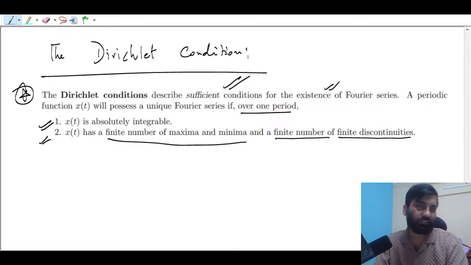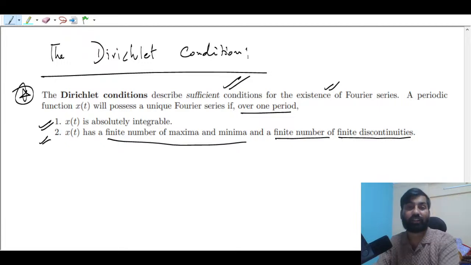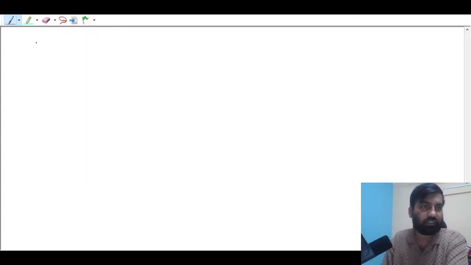Because you know that we have signals which are non-sinusoidal, they have discontinuity. But there should be a finite number of finite discontinuities, there should not be infinite discontinuity, right? That is also very important. Okay. So let me take some examples where the Fourier series does not exist.